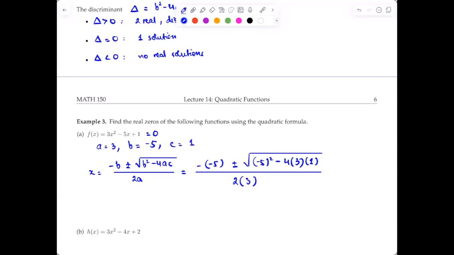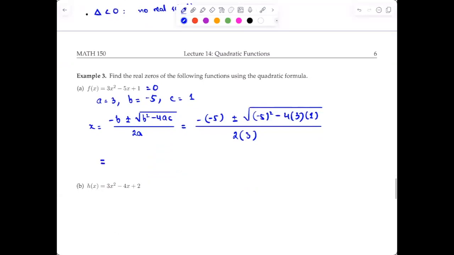Can you calculate what the discriminant is equal to? 13, yes. All right, so the number under the square root should be positive 13.